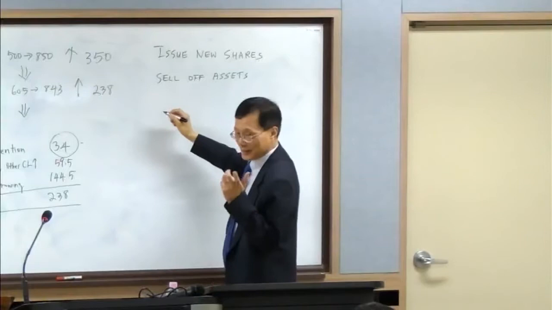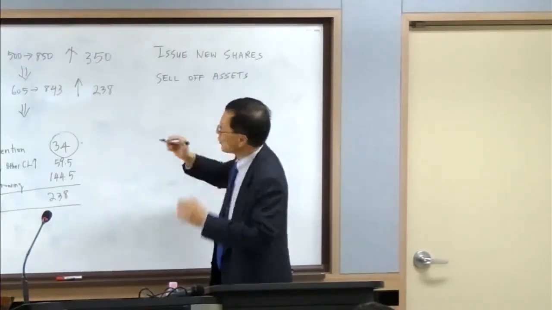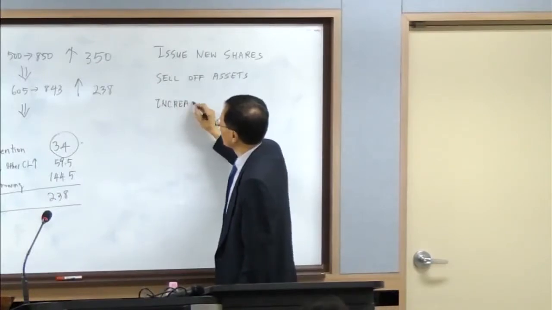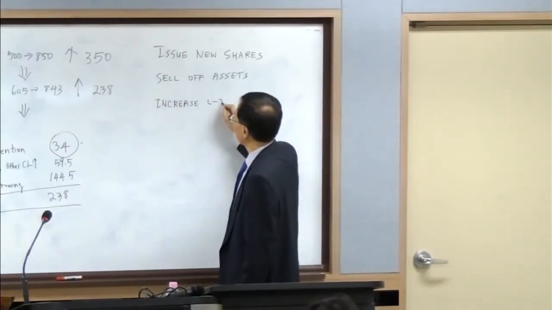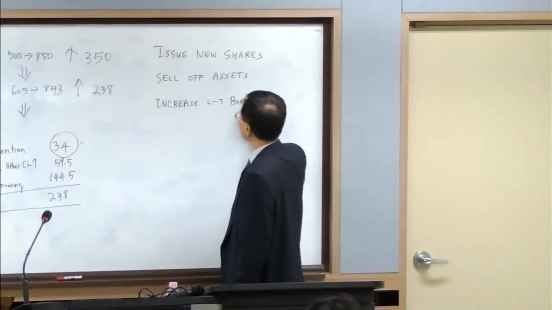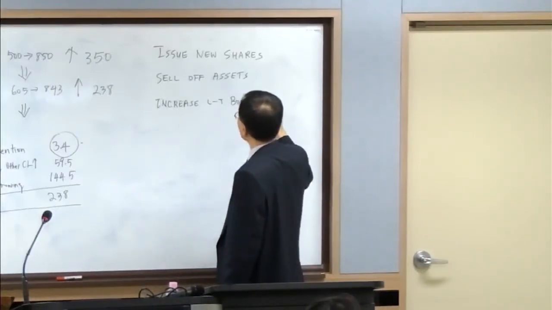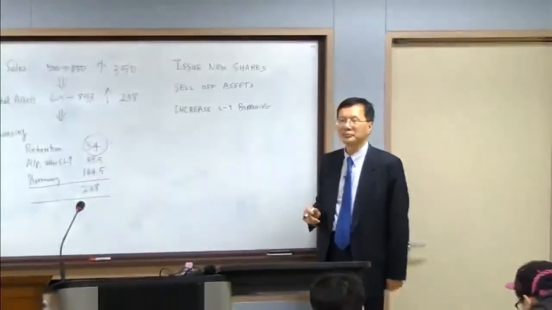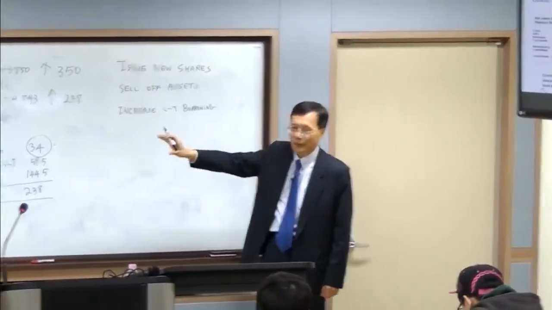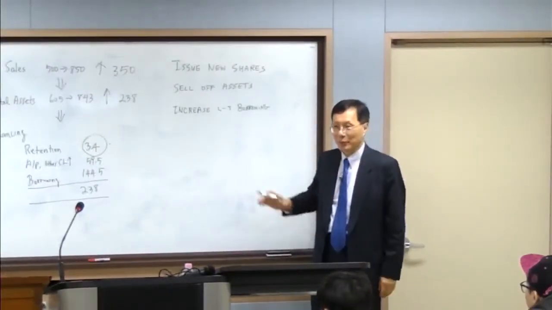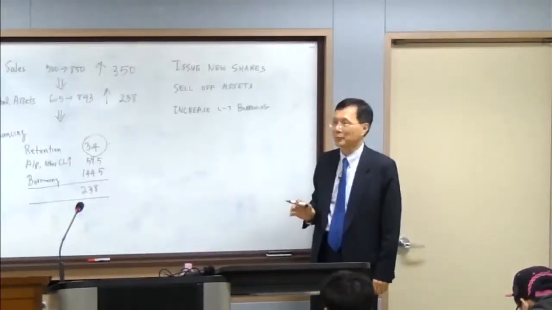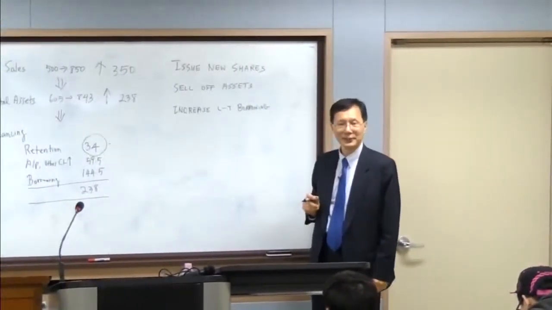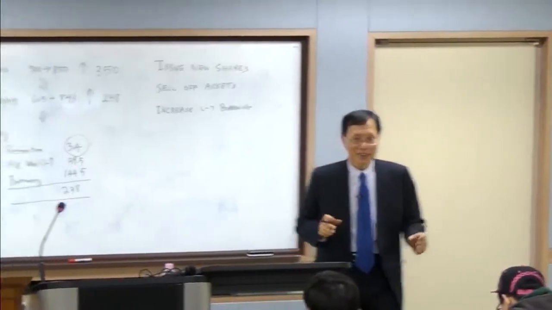They may change the long-term debt policy. Increase long-term borrowing. Issue new long-term debt. That's a possibility. That will not help the debt ratio, but that will certainly help liquidity positions. Anyone else? Reduce the sales growth.